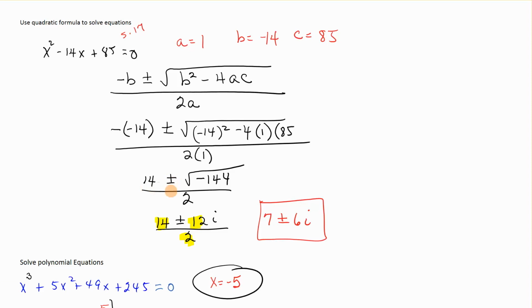So 14 plus or minus 12i over 2. 2 again goes into everything, and so we have 7 plus or minus 6i. And again, that would be listed as 7 plus 6i, comma, 7 minus 6i. So if you have a negative in the radical, remember that's going to give you an i.